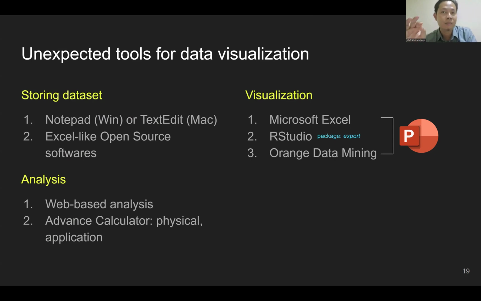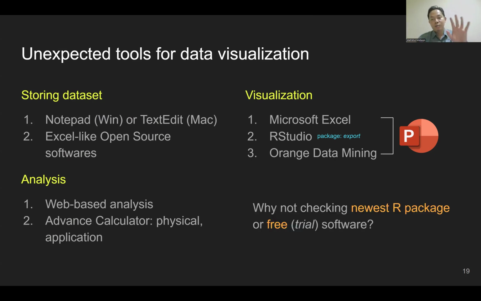You can export them into image files, JPEG or PNG, and then put them together in PowerPoint, arranging them as you like to tell the audience a better story instead of presenting the data separately. So the two together can be compelling enough, a new way to tell the audience new stories. You can always use PowerPoint to arrange those kinds of visualization methods. And also you need to check the newest R packages or free trial software. You can always do that.